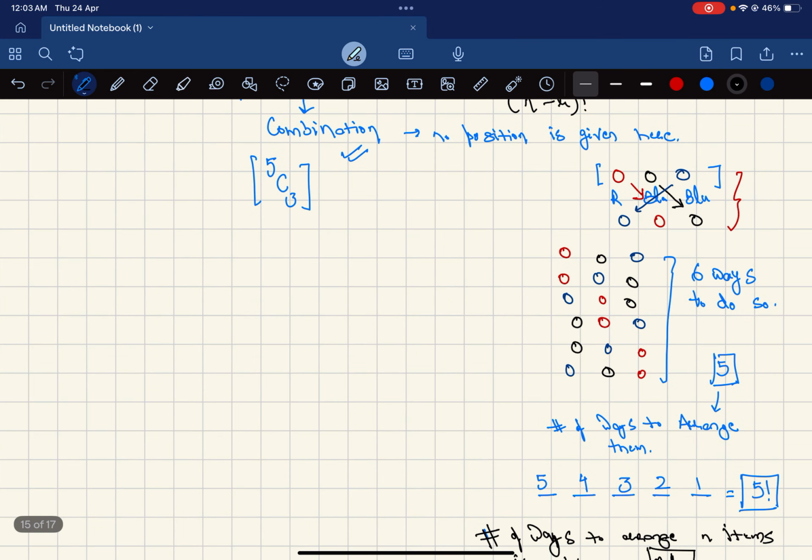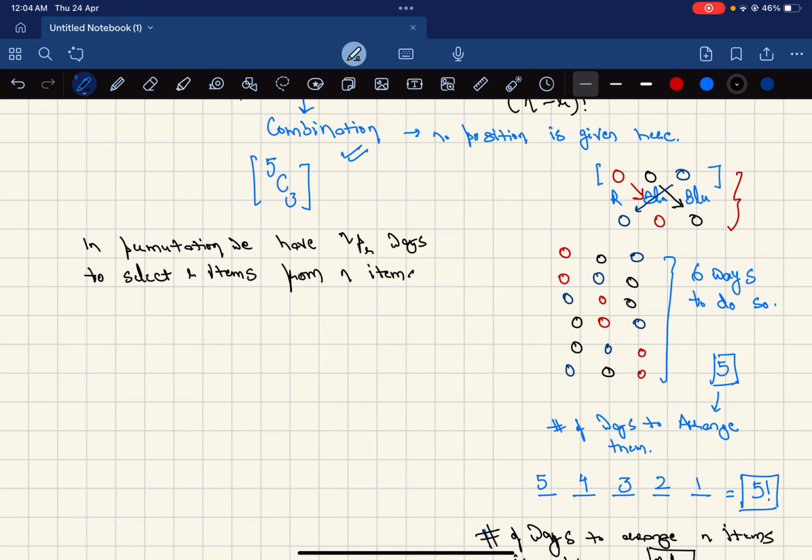Now in permutations, we have nPr ways to select r items from n items, and then arrange the r items in a particular order.